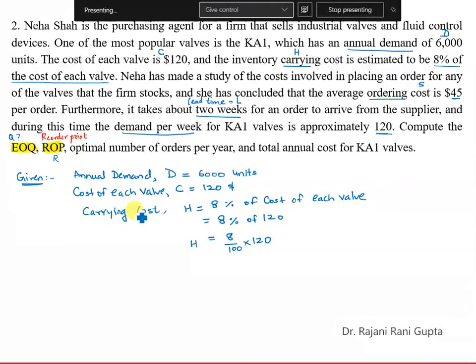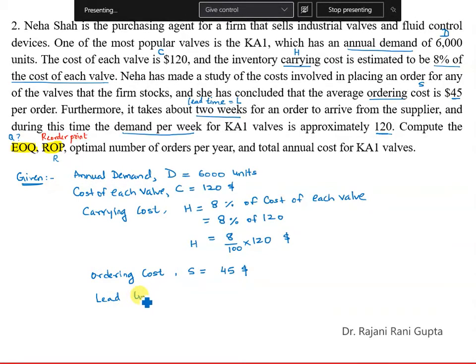Okay. Similarly, what else is given? Ordering cost, which we denote by S, is $45. This also comes in dollars. Then lead time. It takes 2 weeks.